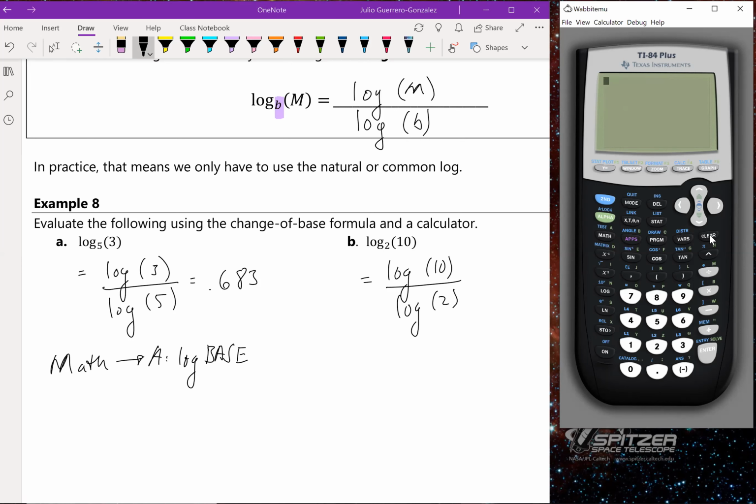So if we do that, log 10 divided by log 2 gets you that. Or the other one is we go to log base 2 of 10. Same number. You guys got it? Okay.